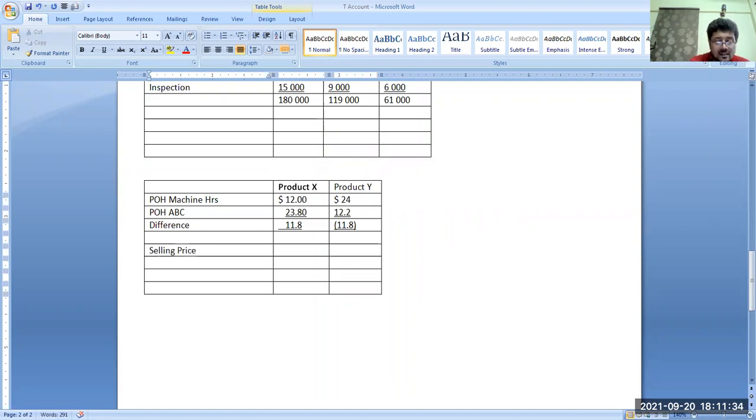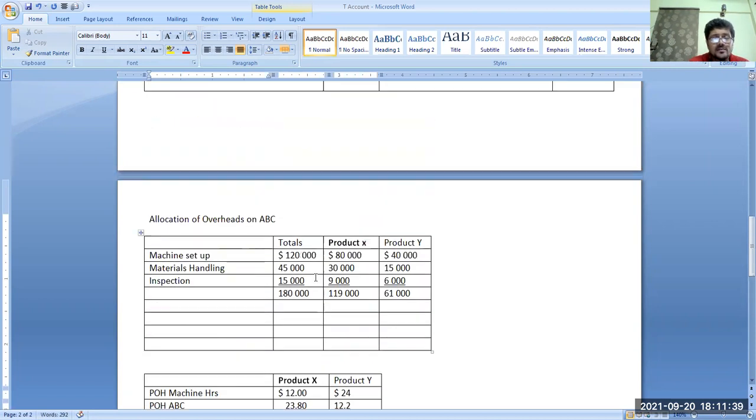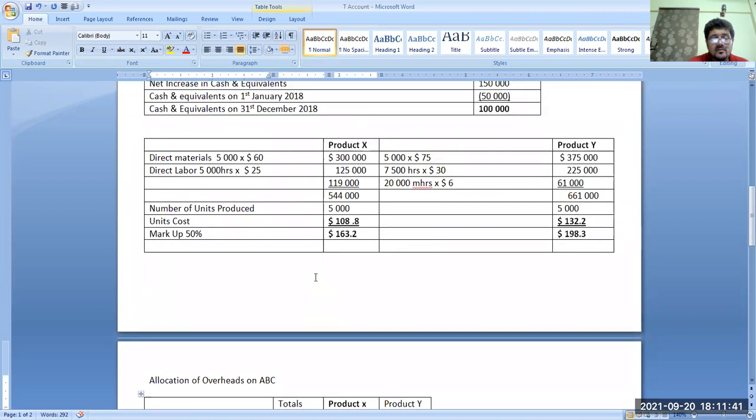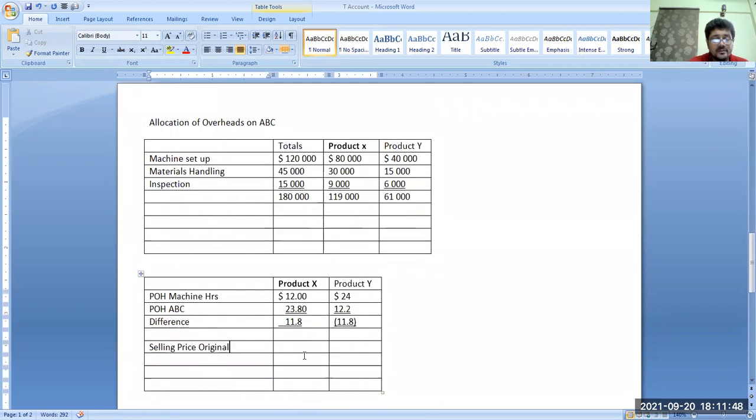Selling price original was how much? That was $145.5. And now the selling price on activity based costing, how much?